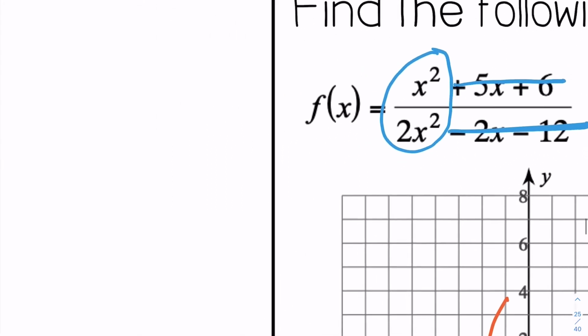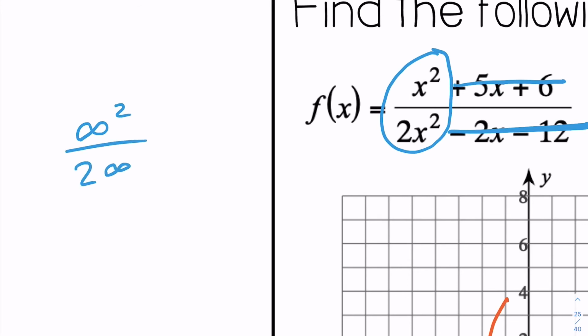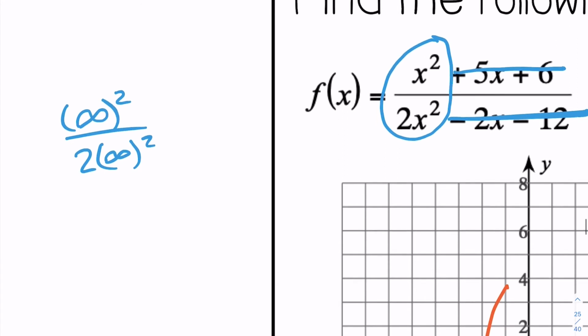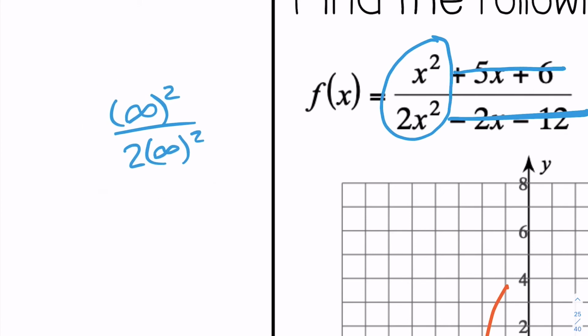So let's take a look. What happens when I have infinity squared over 2 infinity squared? Imagine that. So as x approaches infinity, what goes on? Well, let's see. As x approaches infinity, I have this happening.